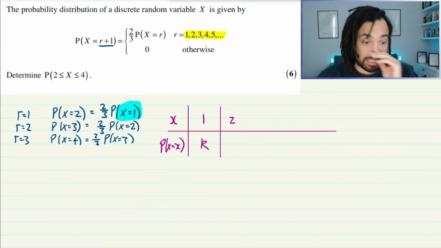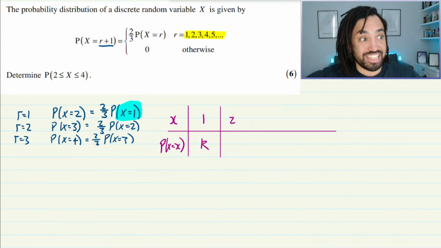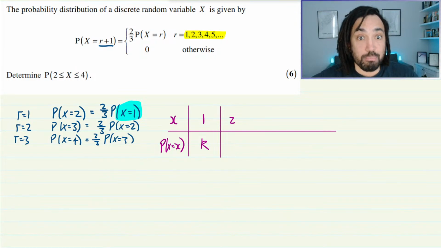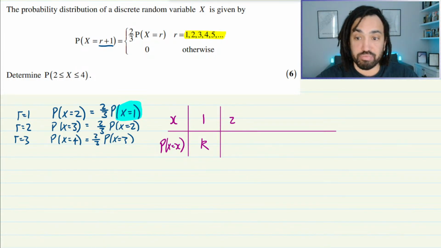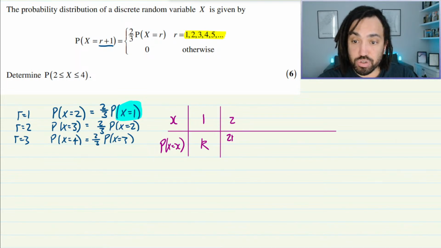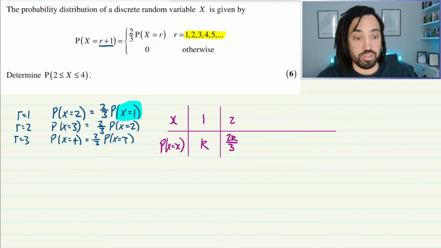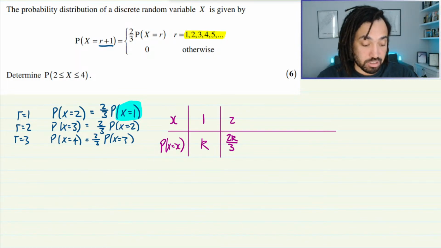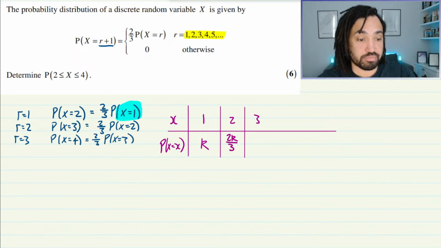How is it geometric? Because every time to get the next probability, we have to multiply the one before it by 2/3. So that's why it's geometric. Yes, lovely. It's going to be 2/3 K. We're going to times by 2/3 to get the next one.